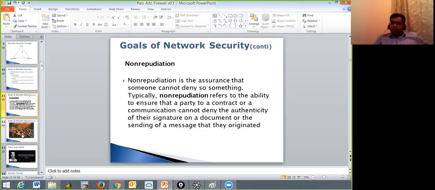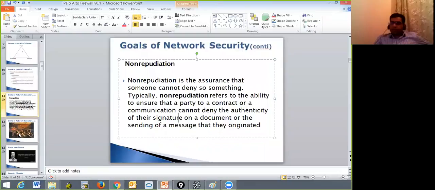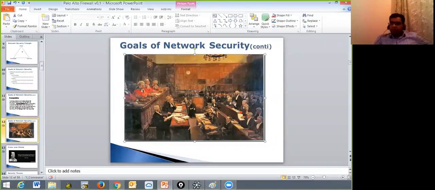Okay, and for non-repudiation there is another example, the third example, as you can see in the picture. In the courtroom, one side there is one party and on the other side another party, and there's a person typing what is going on between the two parties. What are you trying to achieve?